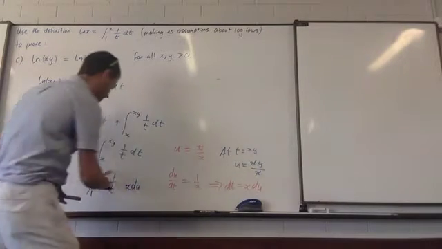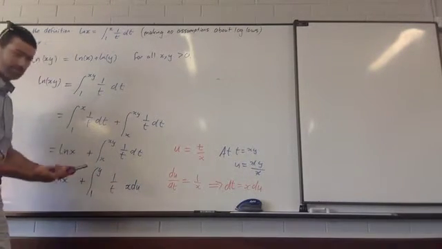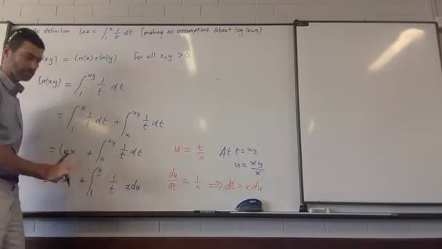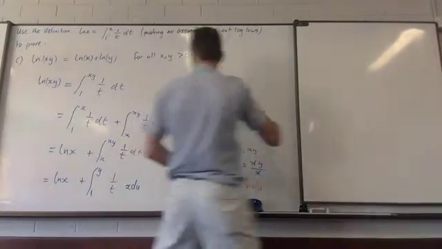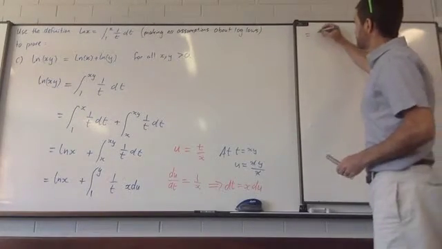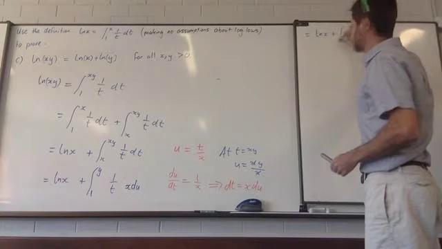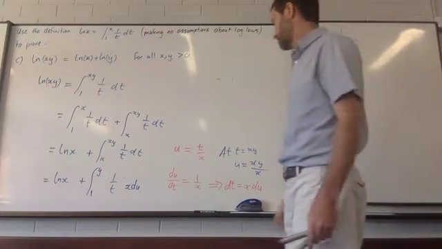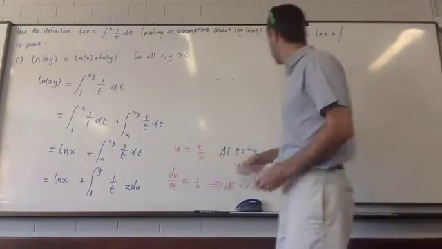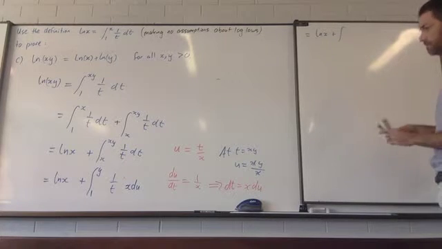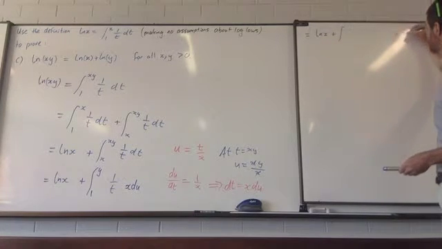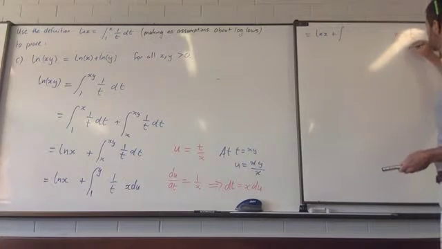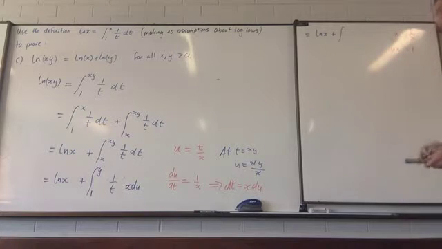Now we've still got this 1 over t here, and we've got an x here, which is a little bit problematic because we want this to be 1 over u du. So we've got natural log of x plus the integral of 1 over t times x du. Perhaps we can rearrange the substitution u is equal to t over x to get t by itself: t is equal to u times x.